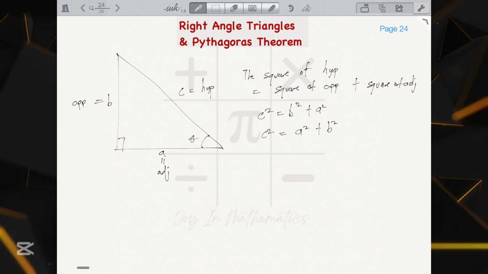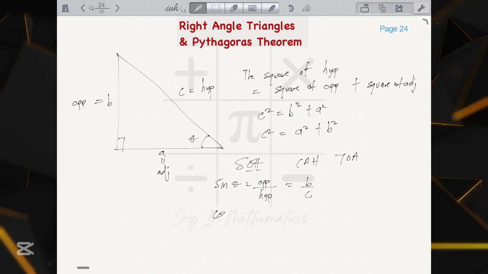Now, if you apply the same principle of SOHCAHTOA, it's easy. Then we'll just say that sine theta is equal to opposite over hypotenuse, just like we did. The opposite in this case is b, the hypotenuse is c. So sine theta is equal to b over c.